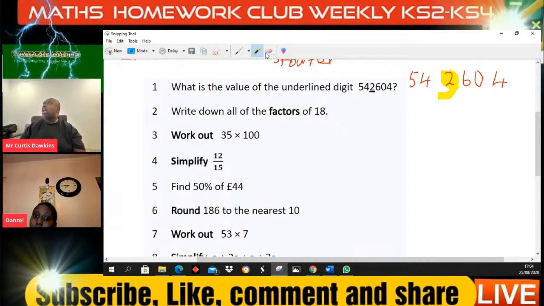So the value of that figure 2 here is basically 2,000. Yes? It's 2,000. So the value is 2,000. Okay?